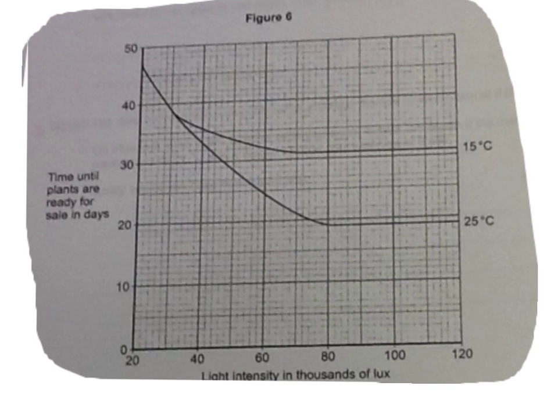Okay, so because we've now got a higher amount of carbon dioxide, that means that it's going to increase the rate of photosynthesis, therefore the plants are going to grow a lot faster and they're going to be ready for sale in a shorter period of time. So what we were expecting you to do was to show that the rate of photosynthesis has increased, and you did that by drawing a line that's at a steeper gradient, because it's growing a lot faster, but starts to curve off at a point anywhere below 25 degrees Celsius.